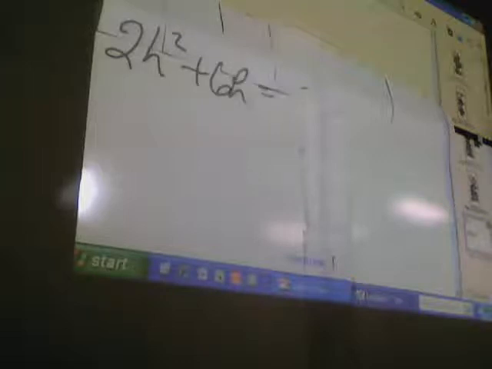We need to carry this over to the next page because we don't have room to extend this page. So we need to remember 2h squared plus 6h equals 56.